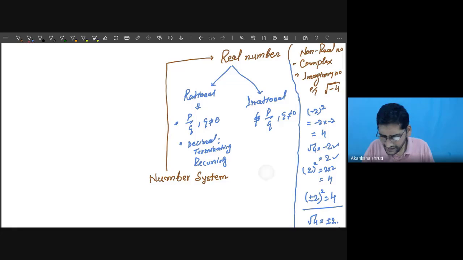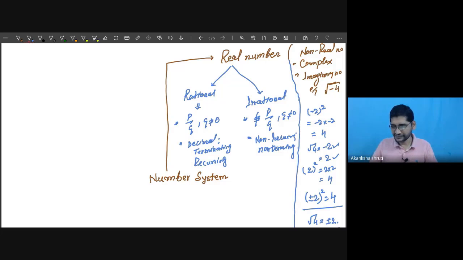But if you want to write an irrational number in decimal form, then it will be non-terminating, non-recurring. Okay, it is like this.